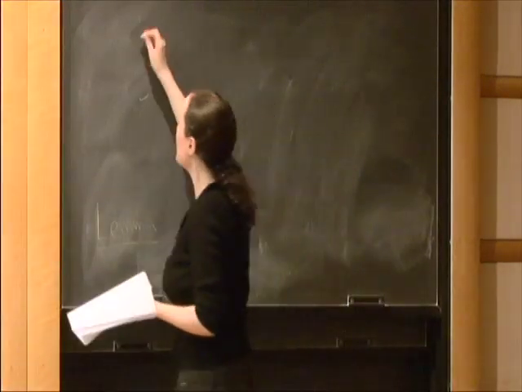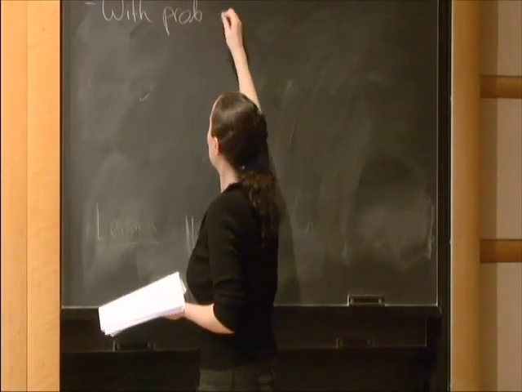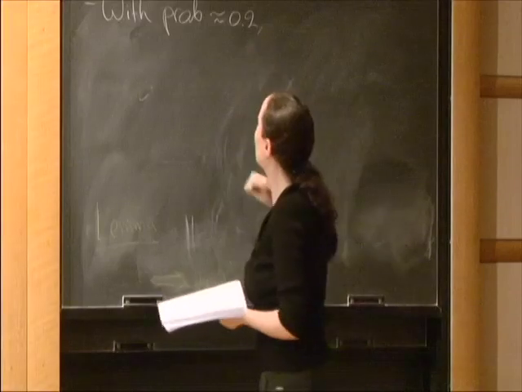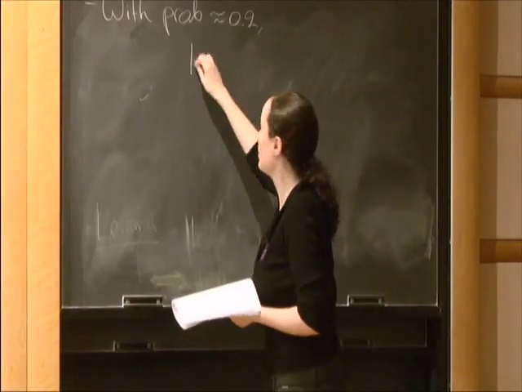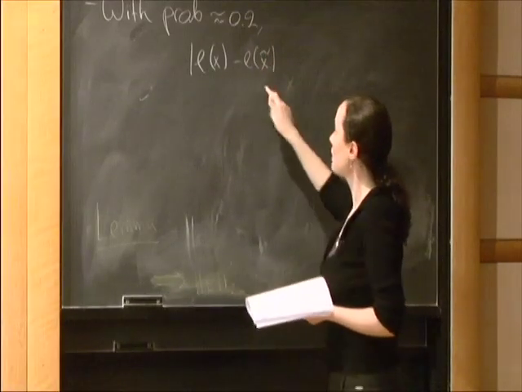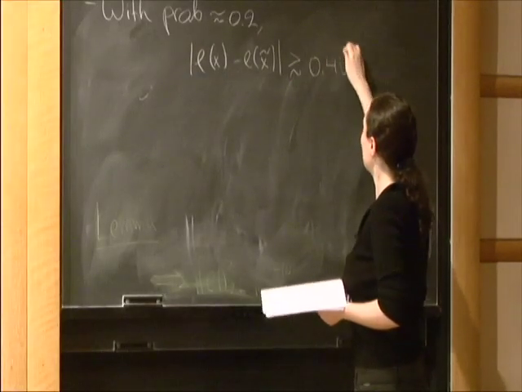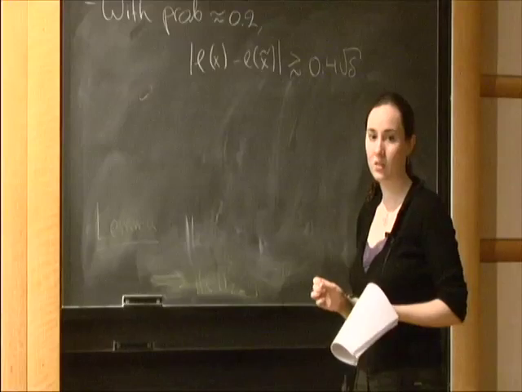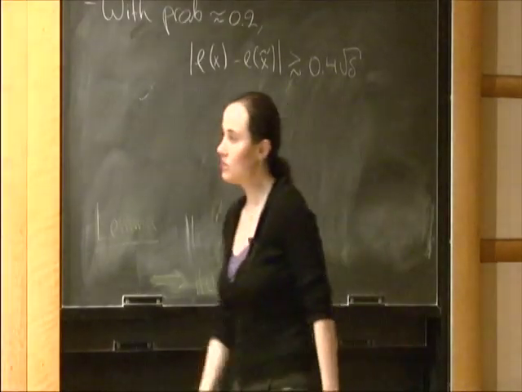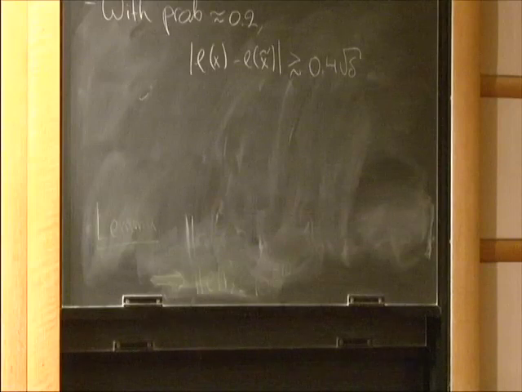It means that we know that with probability essentially 0.2, the difference between the value of f on x and on x perturbed is large, which would be around 0.4 square root delta. For this to be essentially 0, when this is very large, it means that this should be very large. And we know that this is very large often.